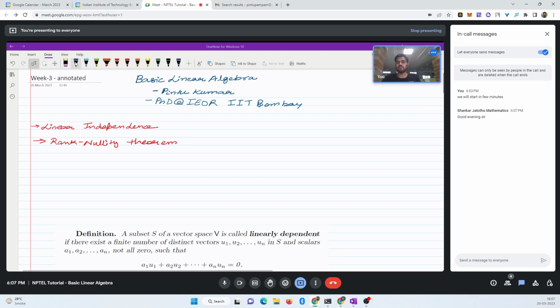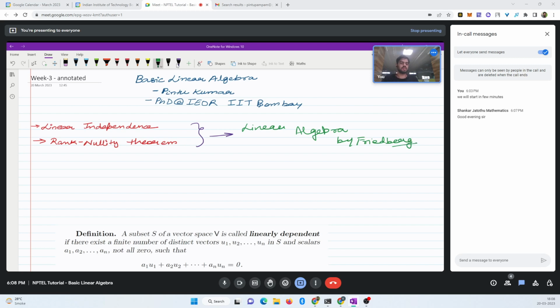Till now, you might know that this course is all about vectors. First of all, we'll talk about linear independence of vectors. If you want a resource for this content, Linear Algebra by Friedberg can be a good resource.